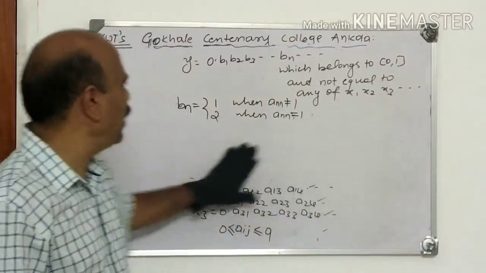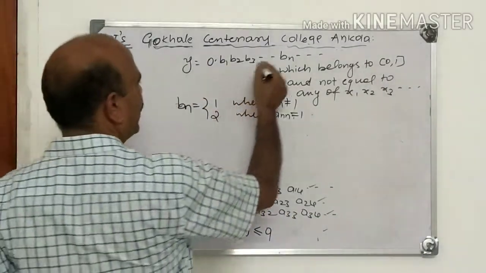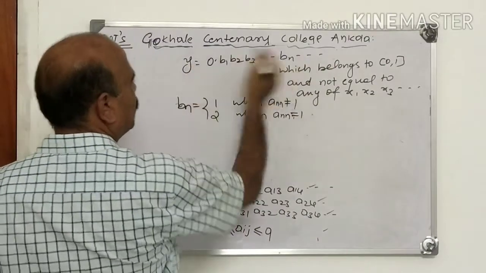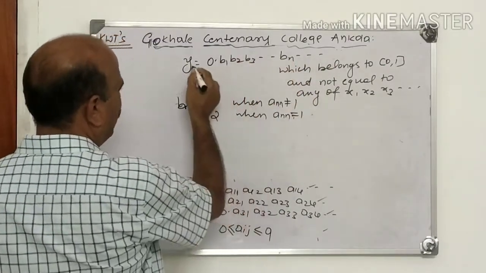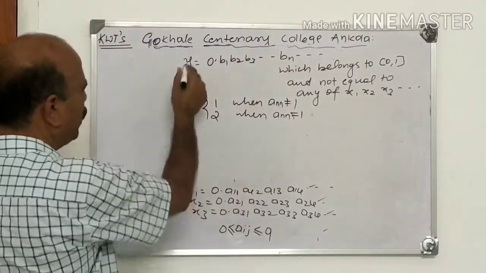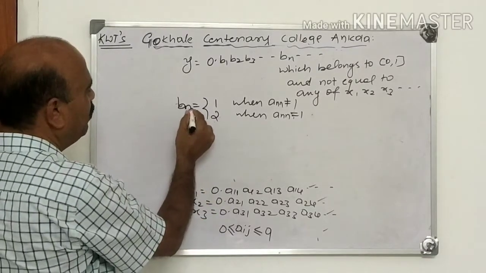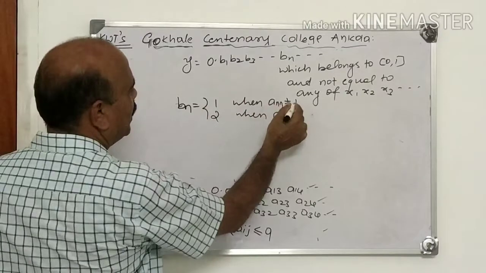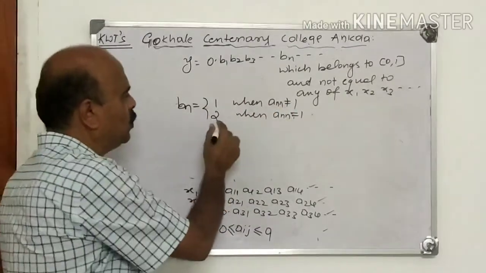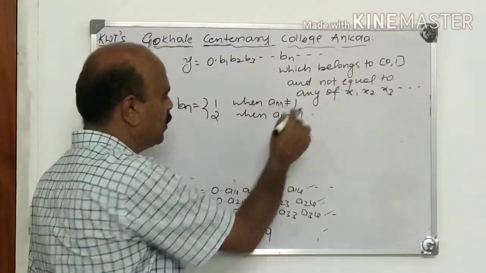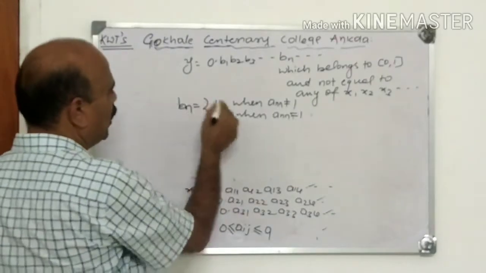We have defined y as point b1, b2, b3 etc. It is in between 0 and 1, and to prove that y is not equal to any one of x1, x2, x3, we have taken bn as 1 when ann is not equal to 1, and 2 when ann is equal to 1. Now what happens?